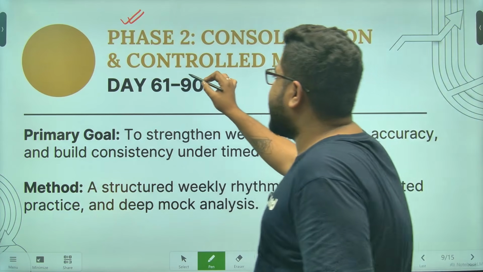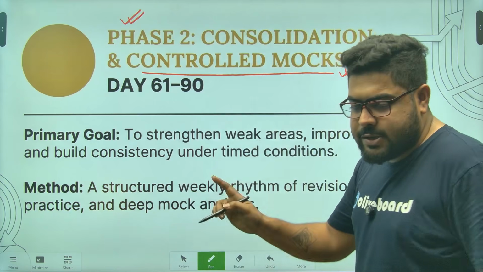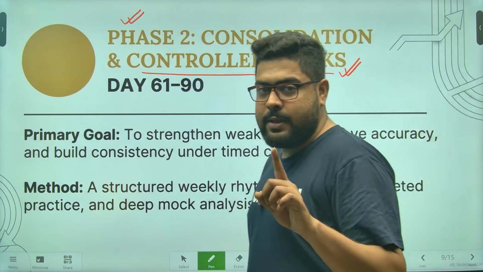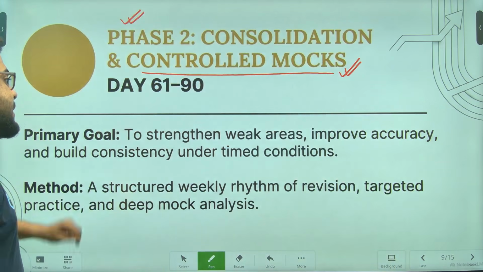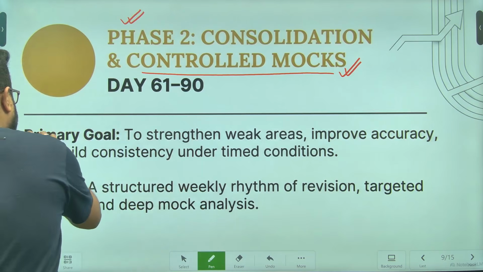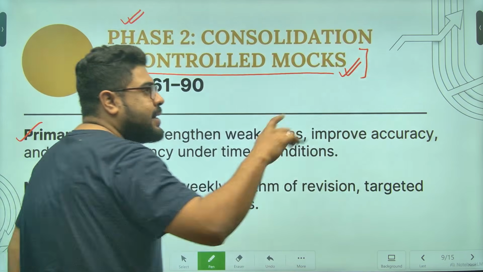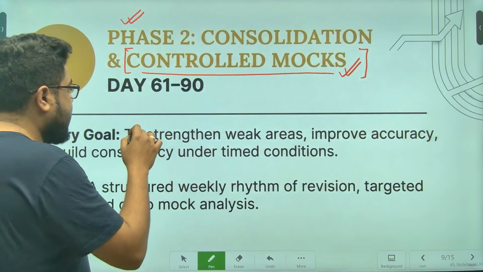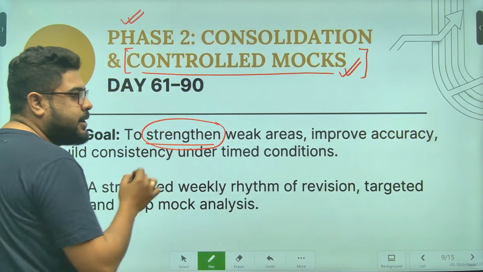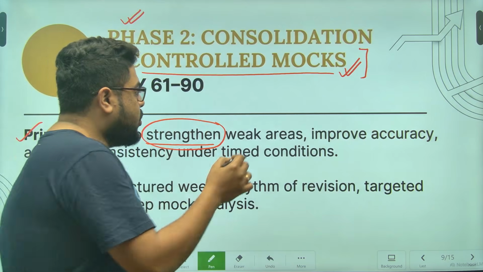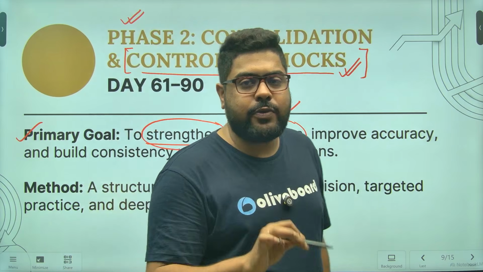Now we will start with our controlled mocks. Now the marks of the mocks will play a role in understanding our preparation. We will use our mocks to figure out two things, sir: which chapters are our strengths, and more importantly, which chapters are our weak areas.